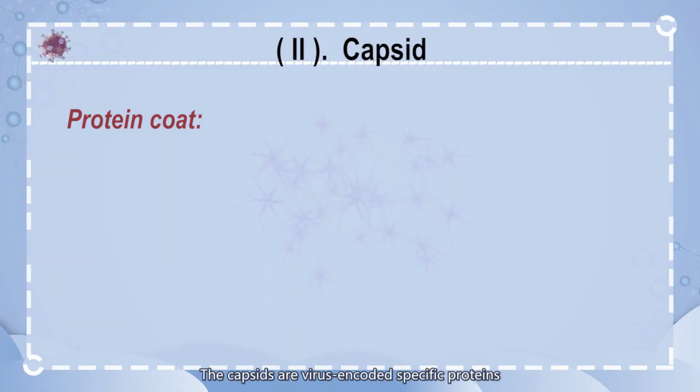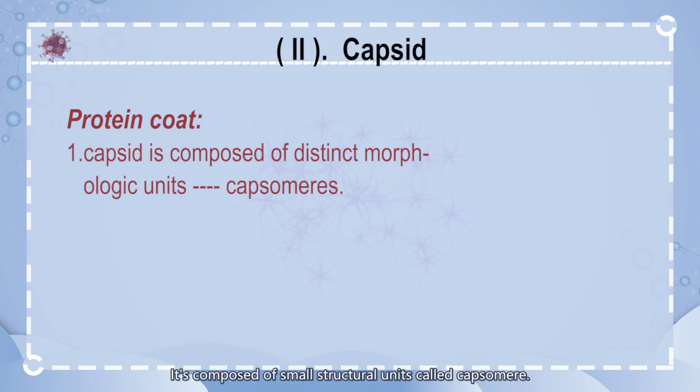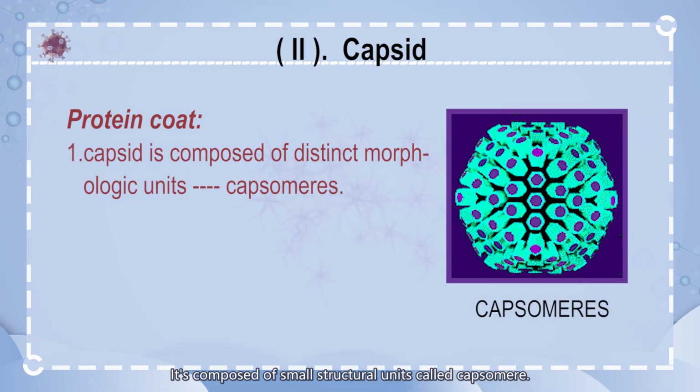The capsids are virus-encoded specific proteins that protect the genome and confer shapes to viruses. It's composed of small structural units called capsomeres. Each capsomere consists of one or several proteins. The arrangement of capsomeres gives the virus structure its geometric symmetry.